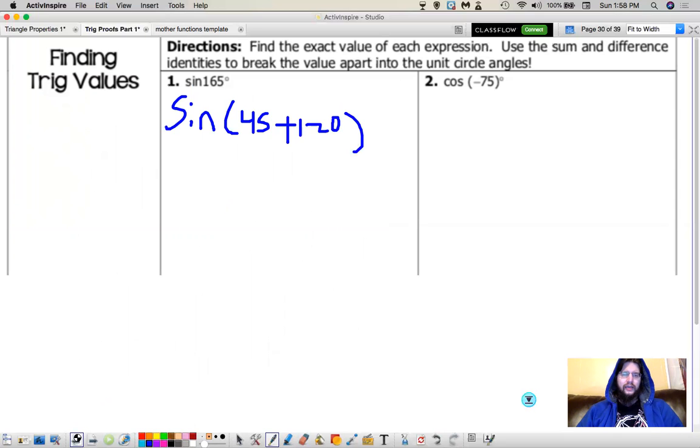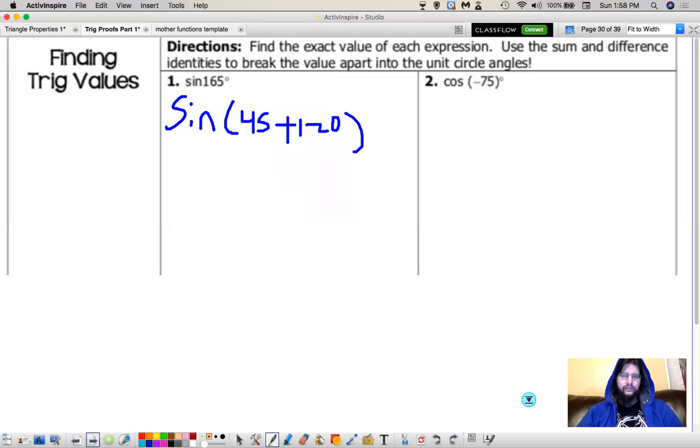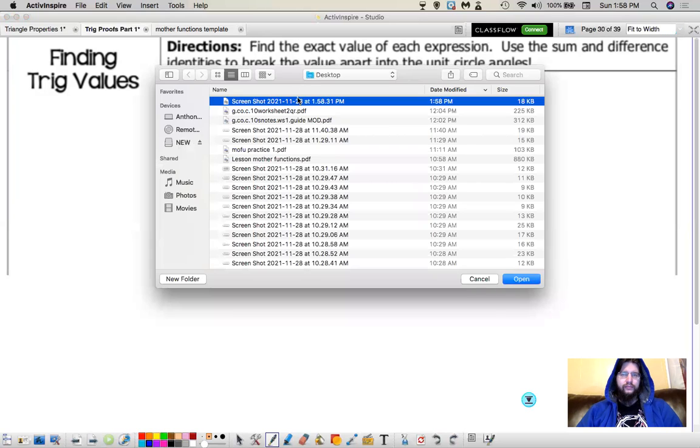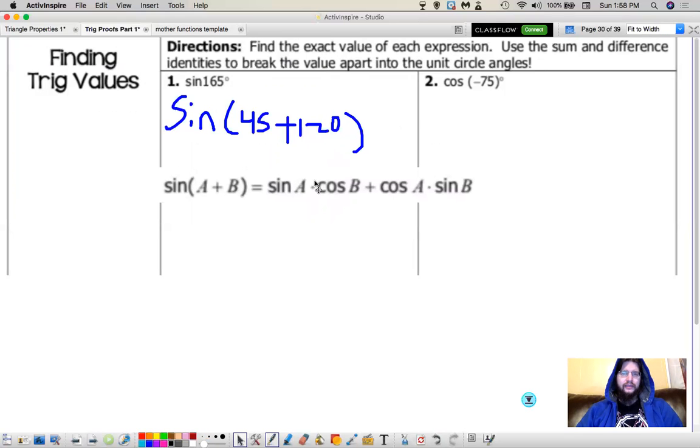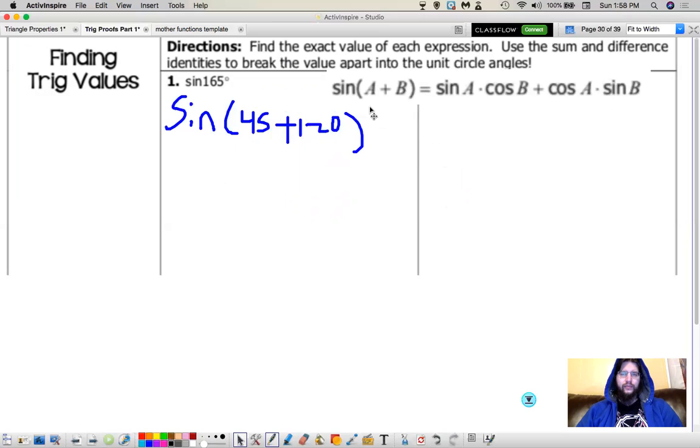So let's go get our identity. First one right here. Okay, so we know that's sine of A times cosine of B plus cosine of A times sine of B. So we're going to use that. So A, in our case, is 45 degrees, and B is going to be the 120 degrees.